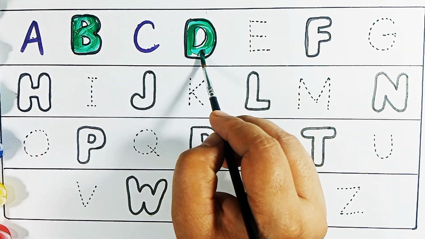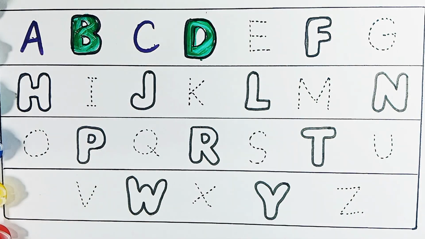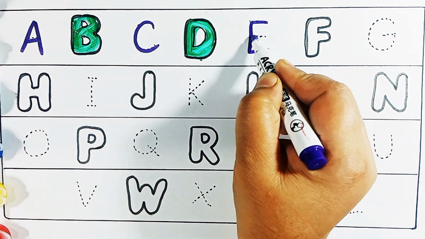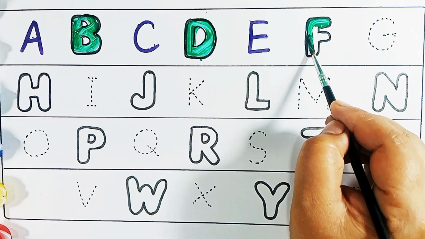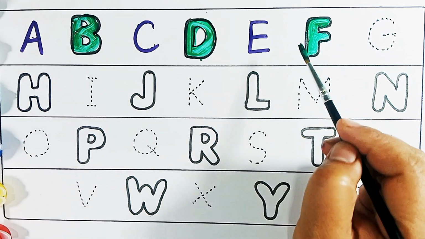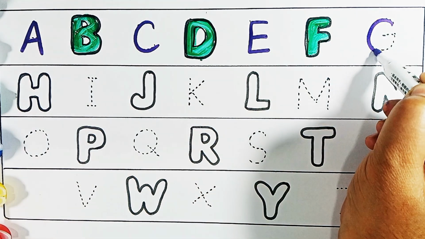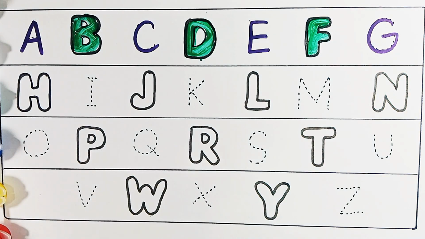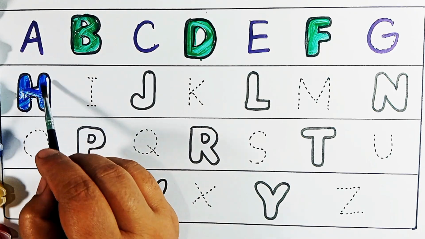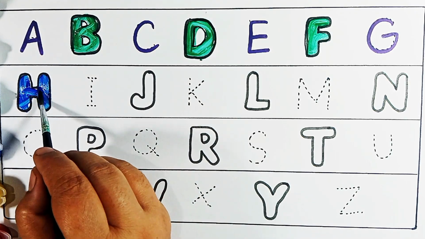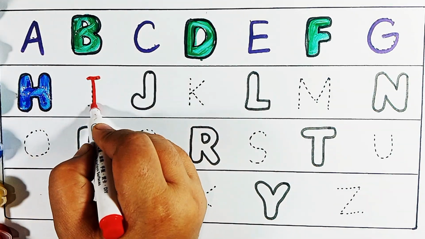D is for door. E is for elephant. F is for frog. G is for grapes. Blue color. H is for hen. I is for igloo.